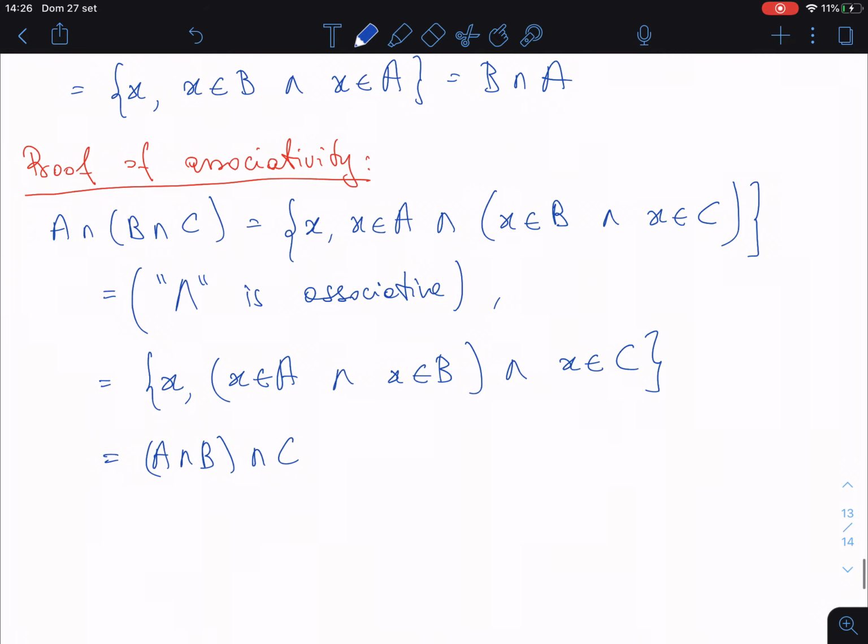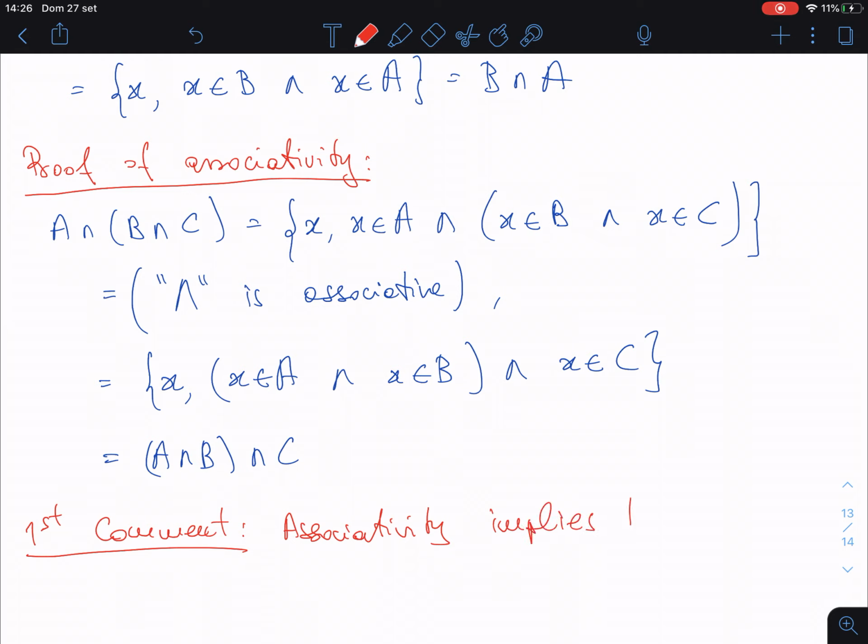So the first easy comment is that associativity means, or better, implies that one can skip brackets.